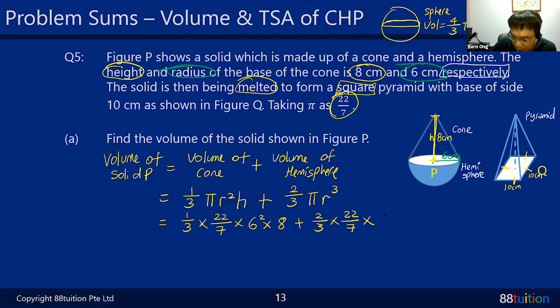So in this case, it's still 6 cube. Press everything in your calculator. No fear. Go. 1/3 times 22/7 times 6 square times 8, plus 2/3 times 22/7 times 6 cube.